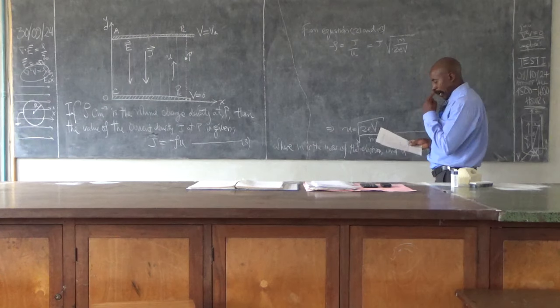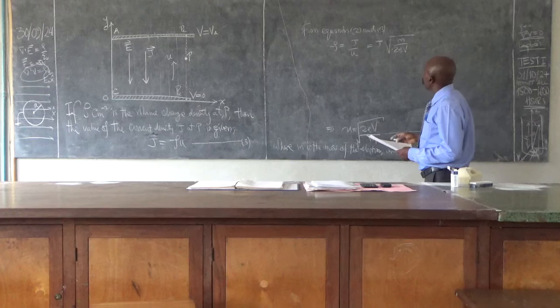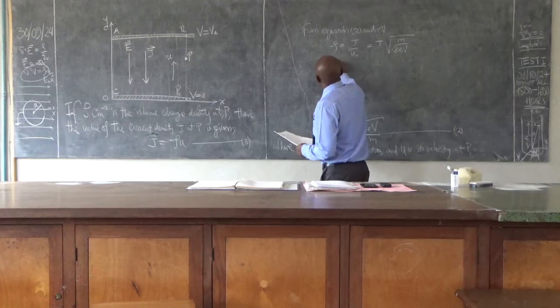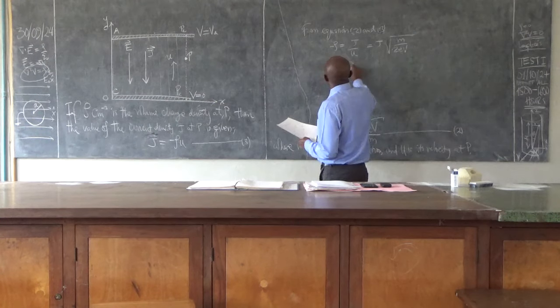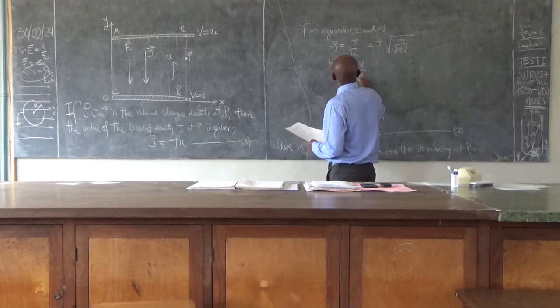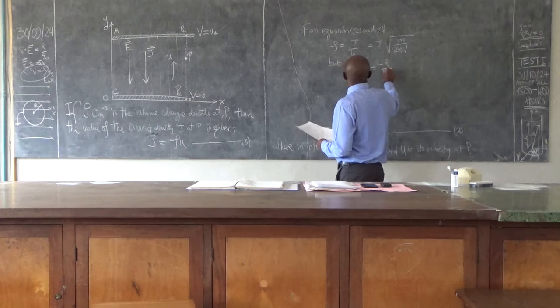And then we have that the Poisson equation was equal to minus rho over epsilon r.